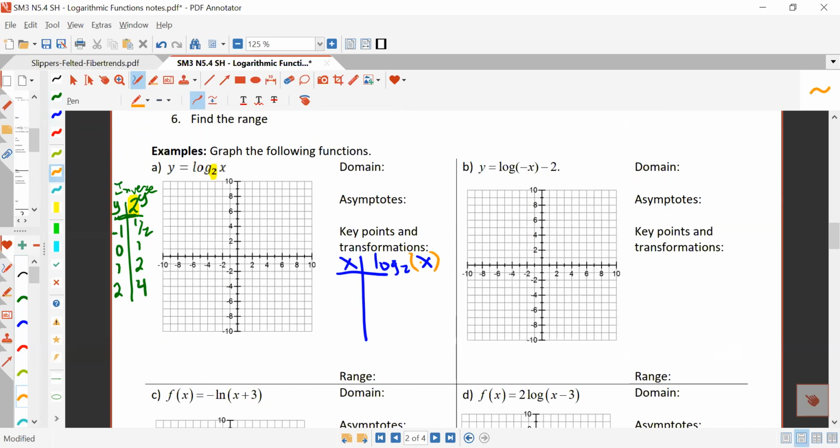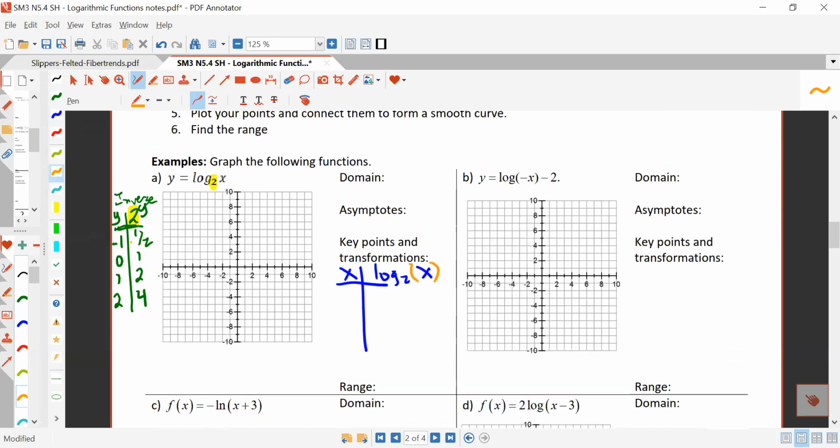If my key point on this one is 0, 1, then over here my key point should be, if I put in 1, log base 2 of 1. Anytime you have a logarithm of 1, it's going to be 0 because that's essentially the inverse of the exponent set. So I put in 1 and I get 0 back, okay? So that would be my key point for this graph, 1, 0.